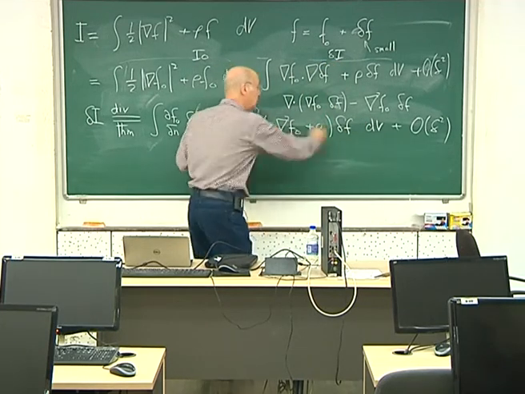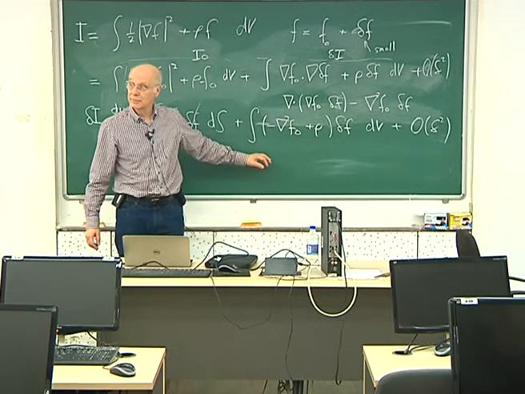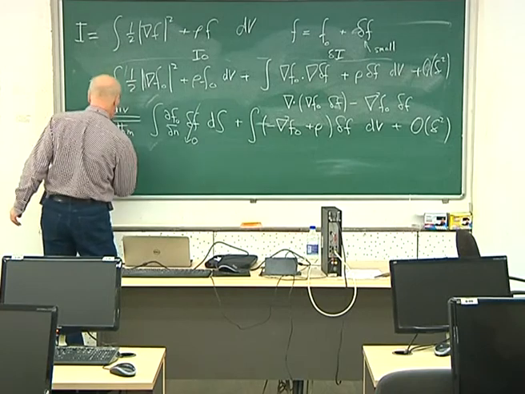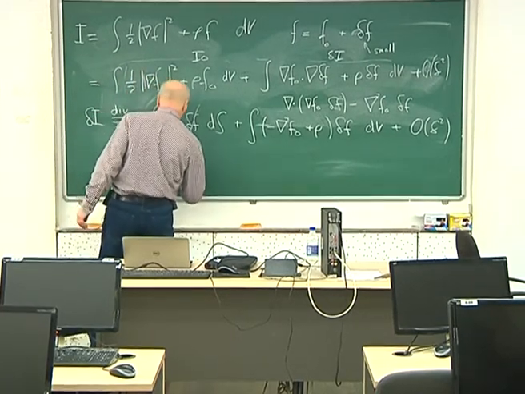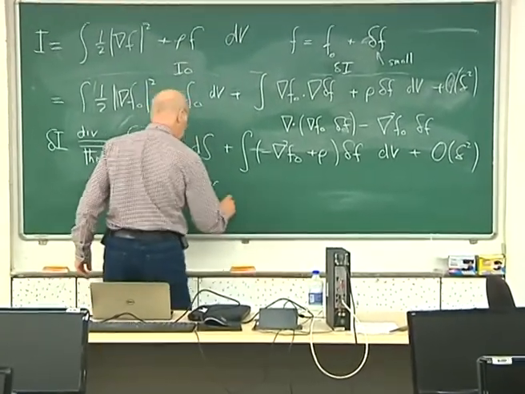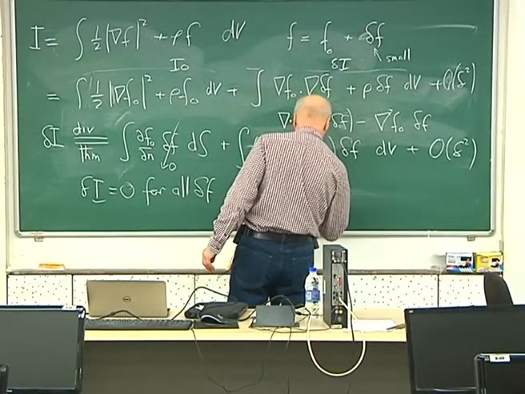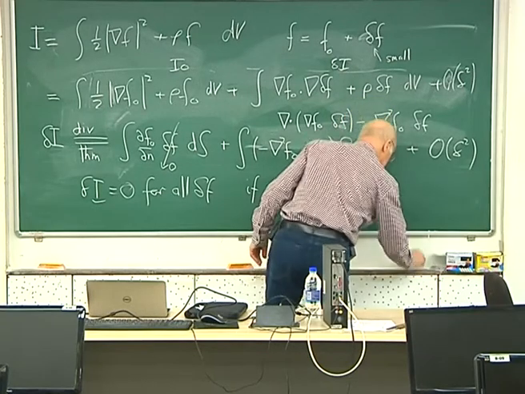And so if I wanted that to vanish, this better vanish at that point. So what I'm saying is, I'd like delta I is equal to 0 for all delta f if minus del squared f naught plus rho is equal to 0 everywhere.